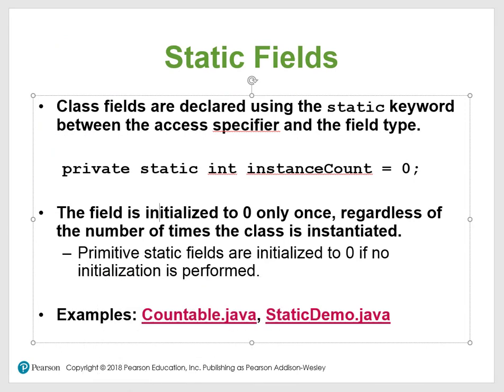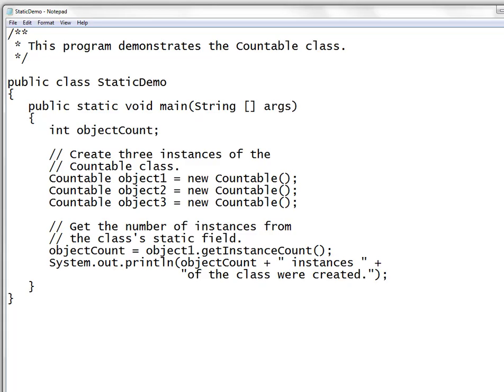Let's take a look at the second one, the static demo. In the static demo, you create 3 instances of the Countable class. So the Countable one, which we just looked at a few minutes ago, this is how you instantiate 3 objects. Then get the number of instances from this class's static field.